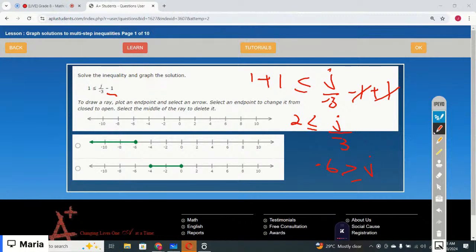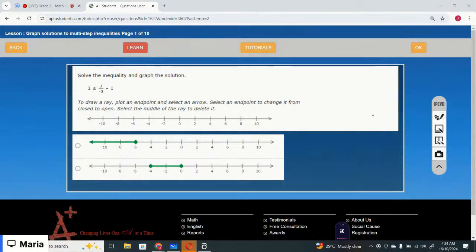Option number 1 is the correct option, right?